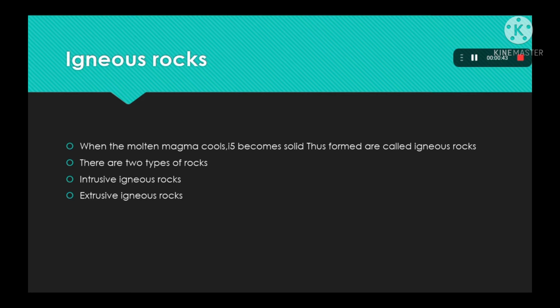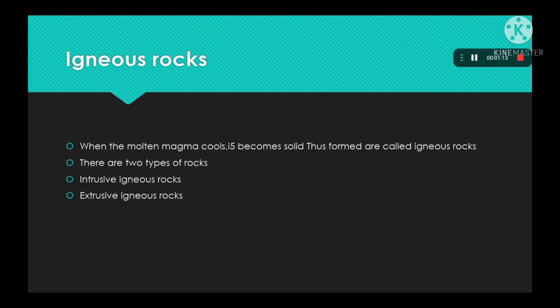First, igneous rock. When the molten magma cools, it becomes solid and forms the rocks called igneous rocks. It means when the molten magma cools down, it becomes solid. If we heat something, on cooling it becomes solid.